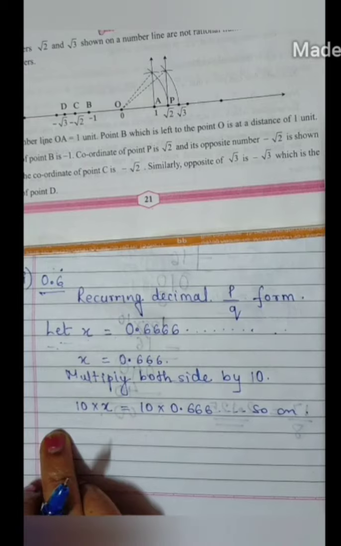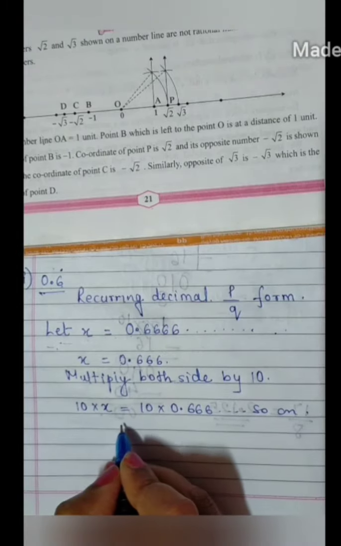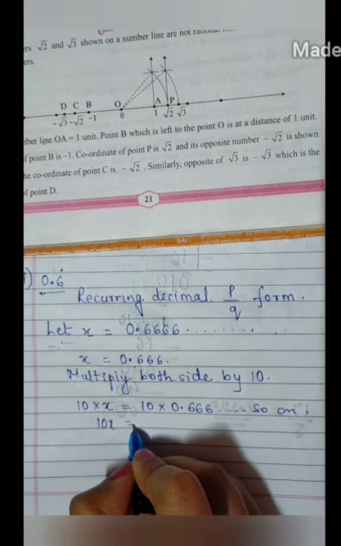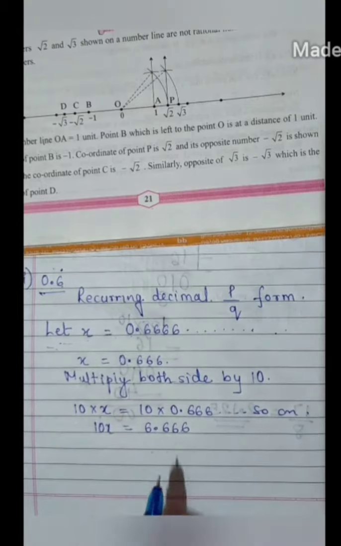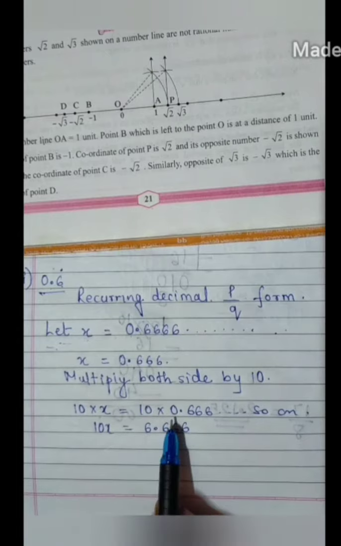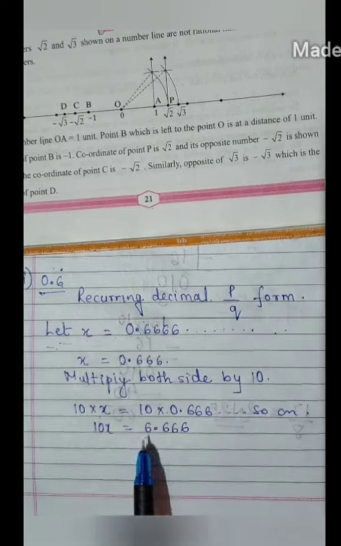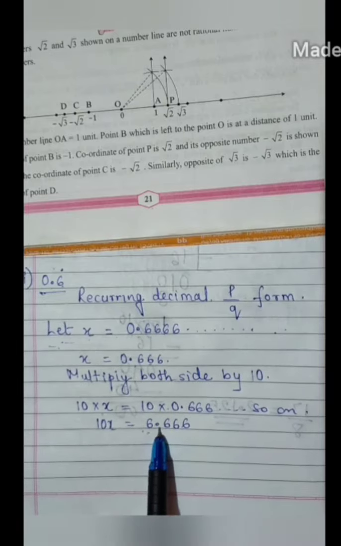Okay, now here after multiplying we will get 10x equal to 6.666. When you multiply with 10, this 6 will come to this side, meaning one number will come to this side of the decimal point.